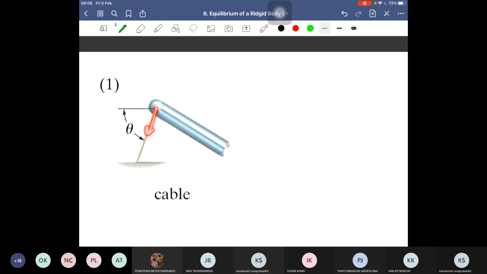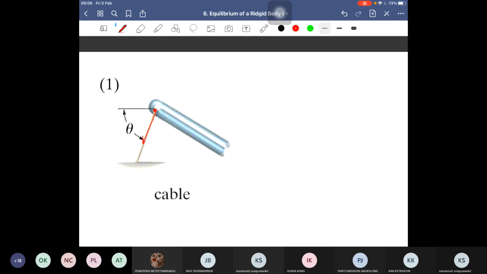Pull. Because if you push or act in this direction, the cable will lose its tension. So the force that you have to exert on this beam must act in this direction, right? To make the cable have tension. So this cable must prevent the translation in this direction.